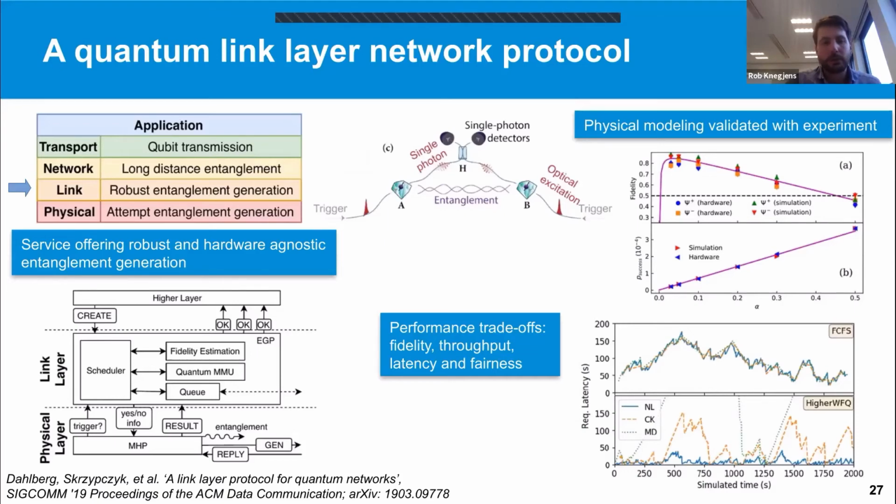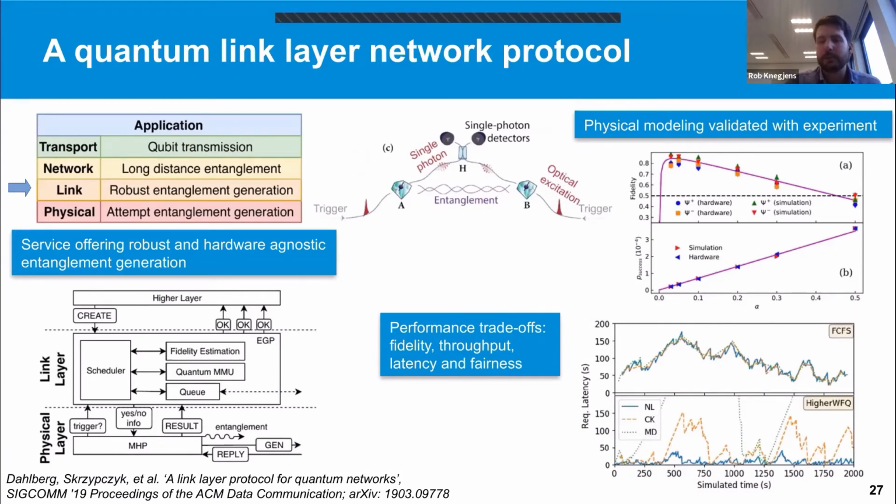So NetSquid was used here to first model, and it was used to validate and study the robustness of this protocol. And to do that, we modeled the NV center setup in Delft. So two nitrogen vacancy centers doing a single click heralding scheme to entangle.